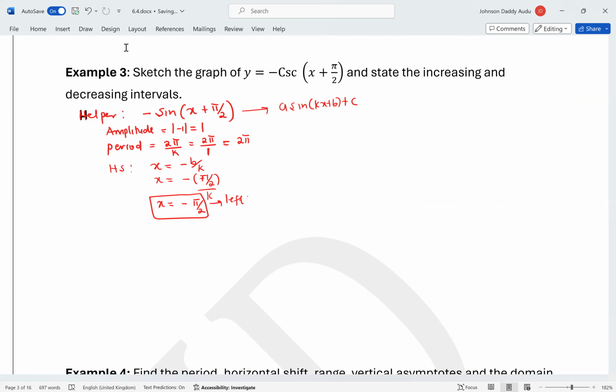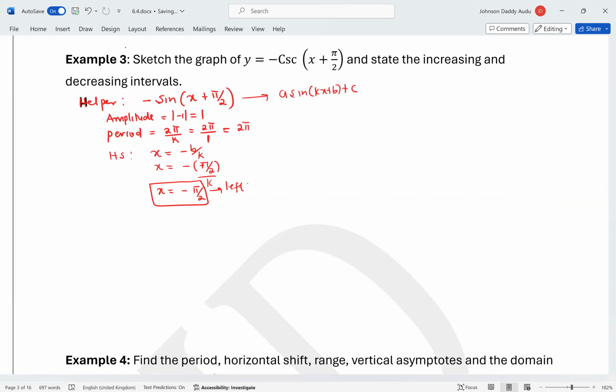All right, so now to know our interval, just like we did before using this method, our interval originally is supposed to be from 0 to where? It's supposed to be from 0 to 2 pi, right? But now you can see there is a shift to the left. So you have to shift each point to the left, right? So let's split this into 4.